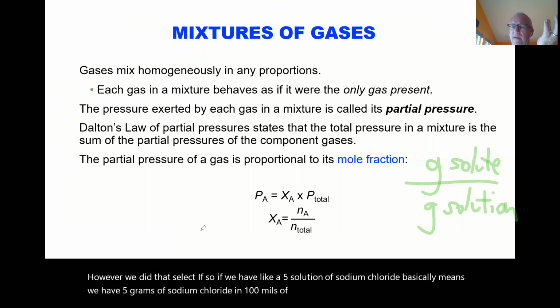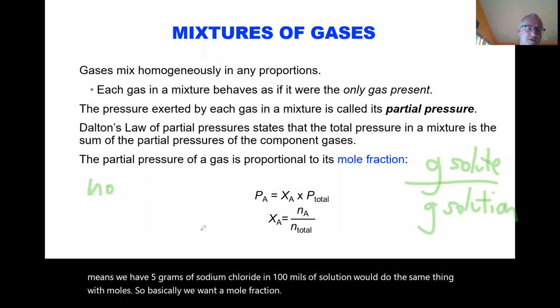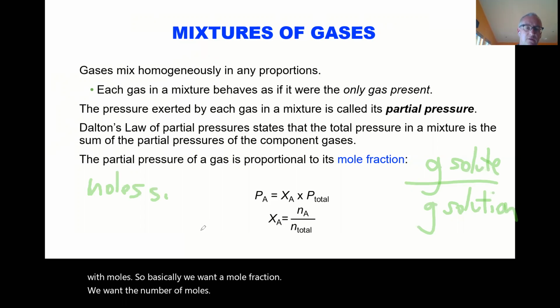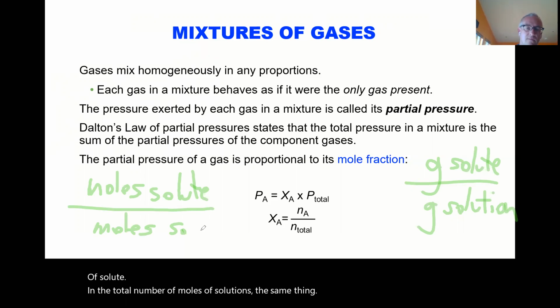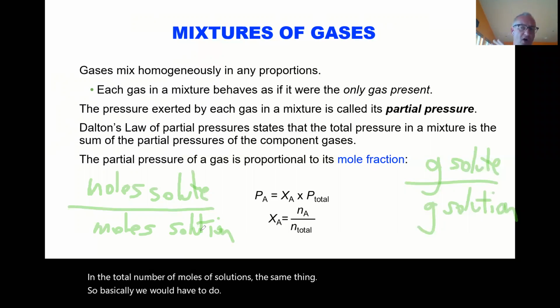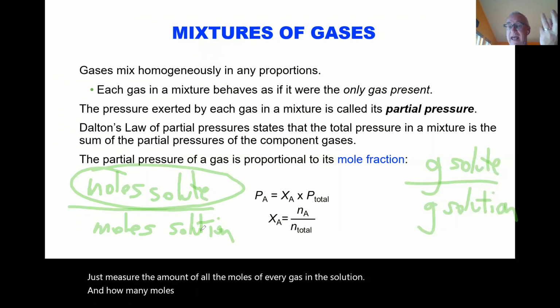Do the same thing with moles. So basically, when we want a mole fraction, we want the number of moles of solute in the total number of moles of solution. It's the same thing. So basically, what we would have to do is measure the amount of all the moles of every gas in the solution, and how many moles of our solute gas would we have.